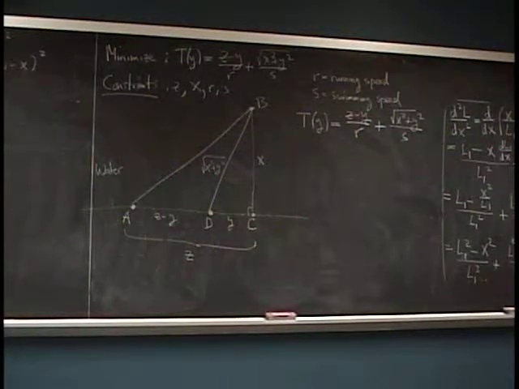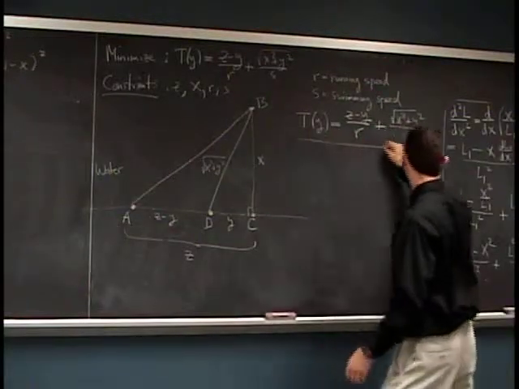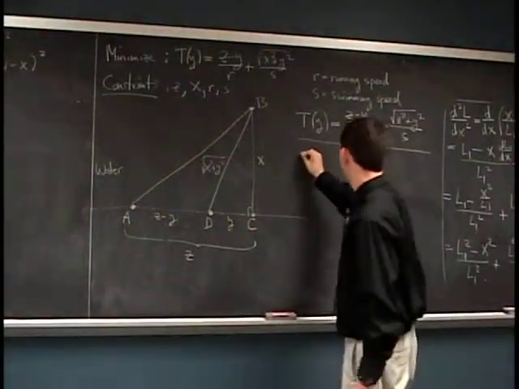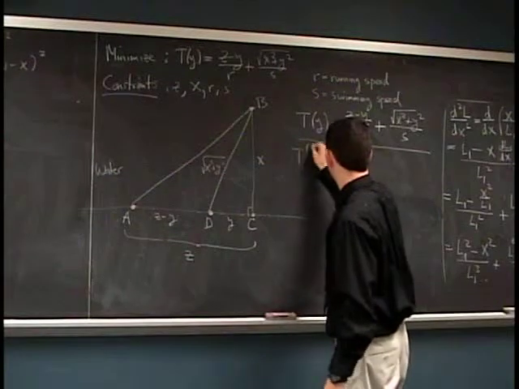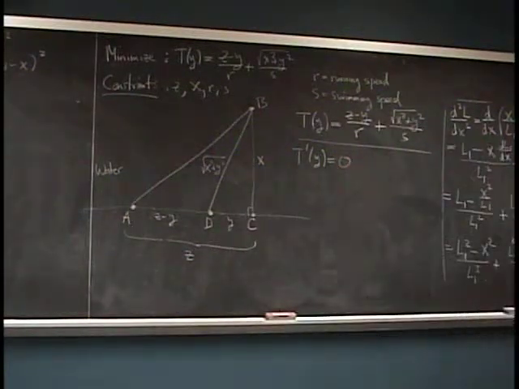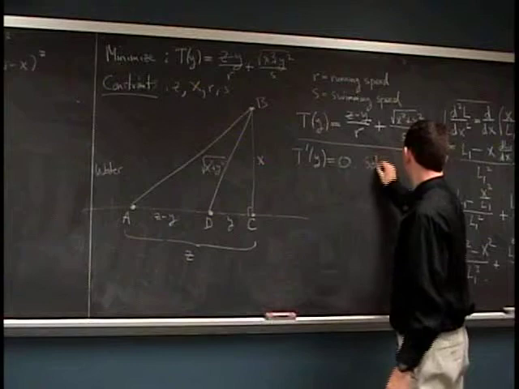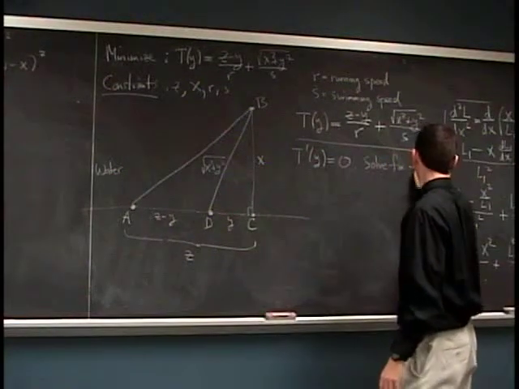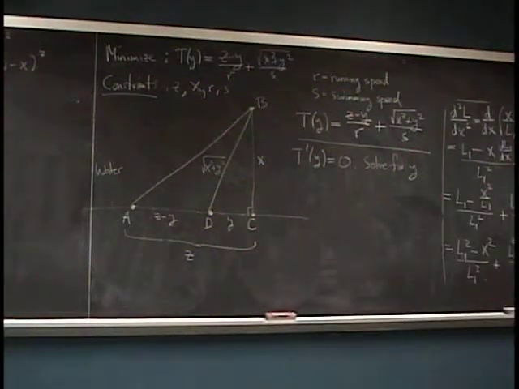Okay, so this is where I'm going to stop. I'll just tell you: you set t prime of y equal to 0 and solve for y. That tells you how far.